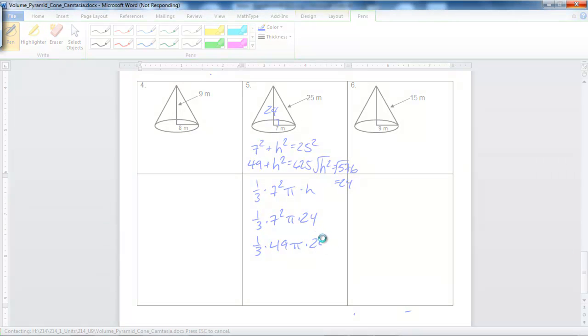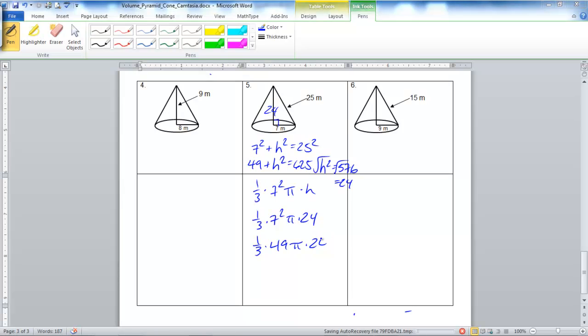I'm going to show you 2 things we can do here. 3 goes into 24 8 times, and then 8 times 49 is 392 pi, and then meters cubed.